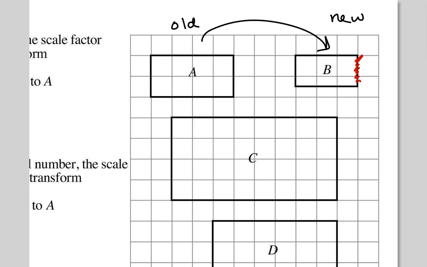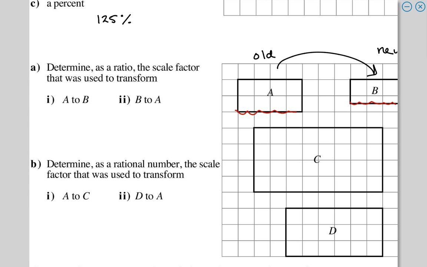So if I'm going to do a horizontal, it has to go with this horizontal. Okay? So what's the new one over there? 3 to 4. And if you were to go backwards, it would be 4 to 3. So think about that. A to B is a reduction. B to A is the reverse, enlargement. Okay? Go ahead and try B.